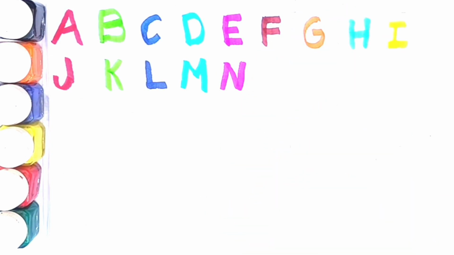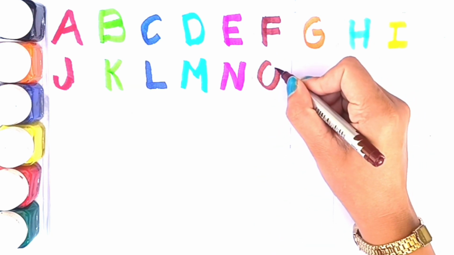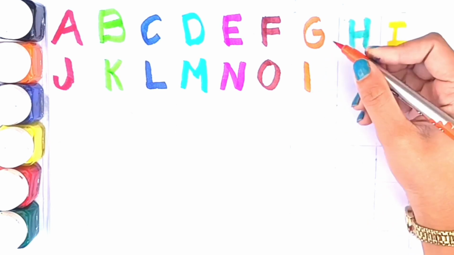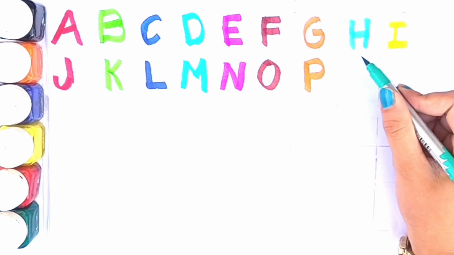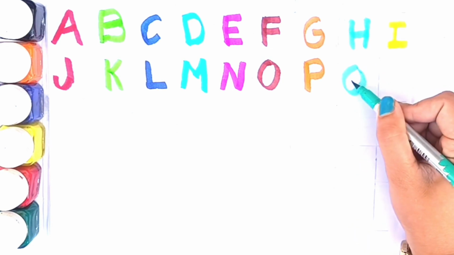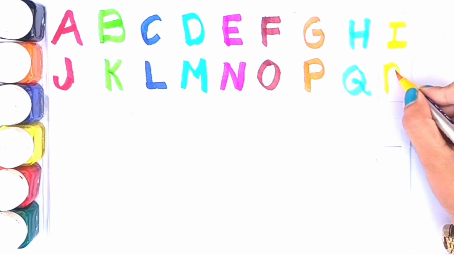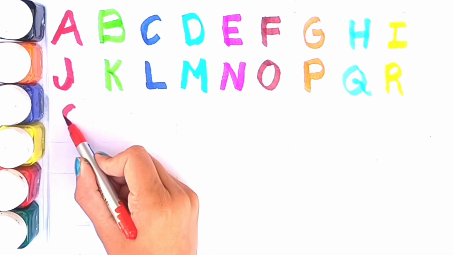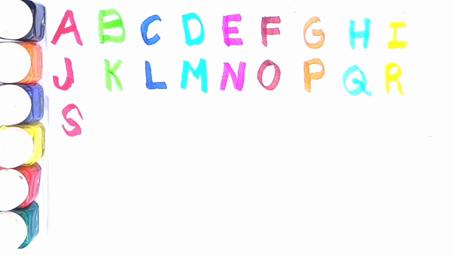N for nose. O for orange. P for papaya. Q for queen. R for rabbit. S for sweets.